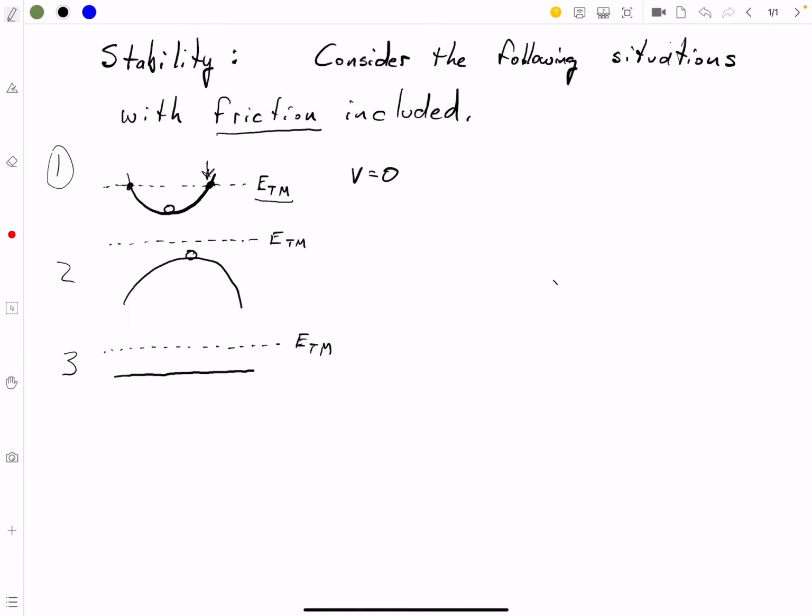So any bump of energy E_TM will contain the marble in its region. Okay.